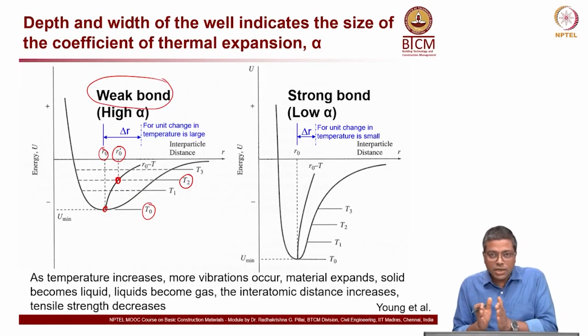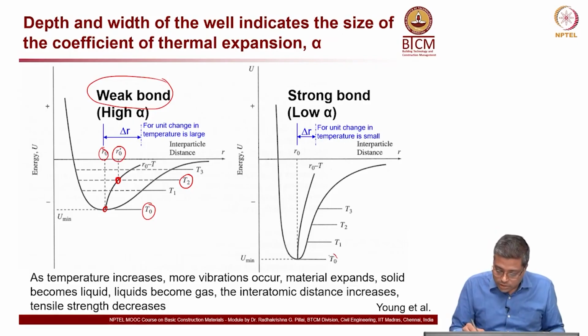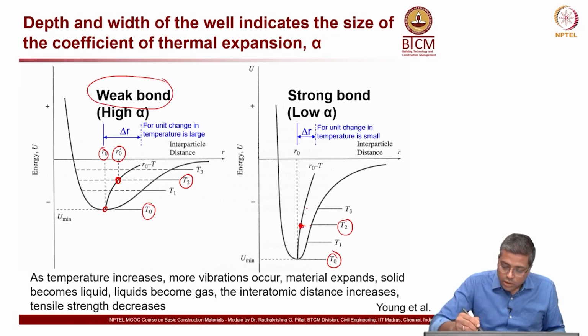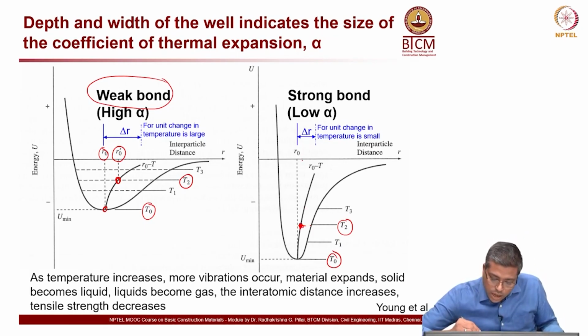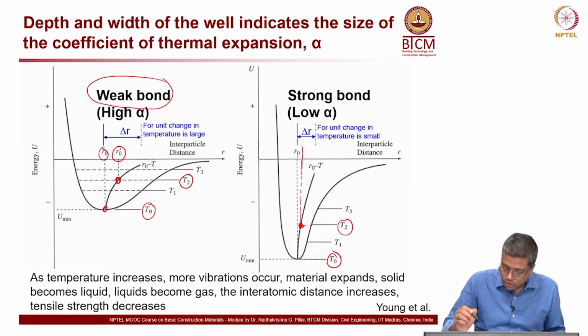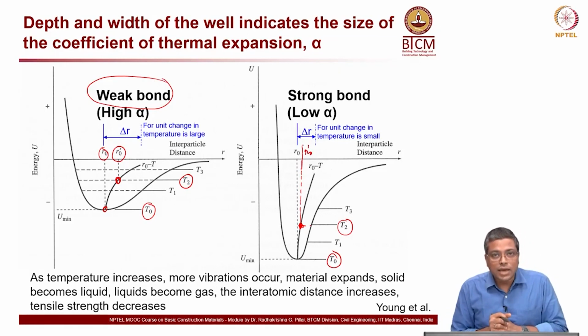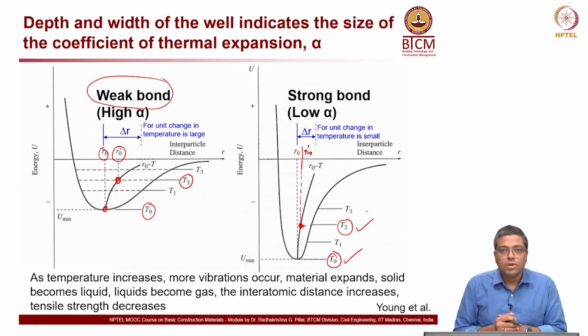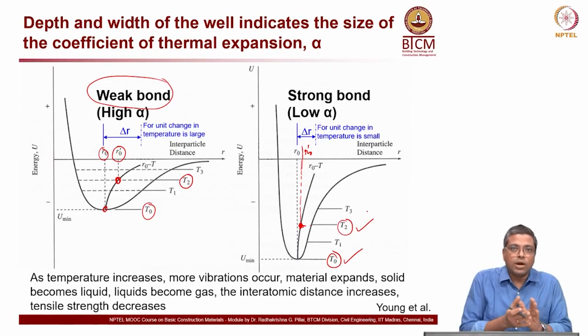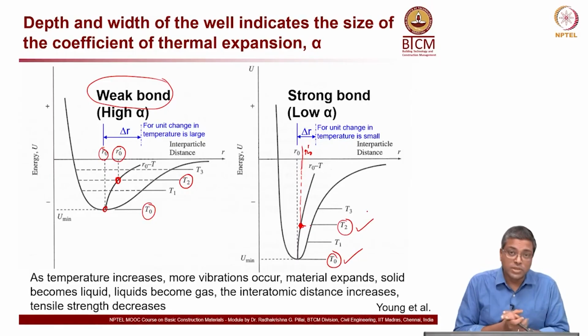Now, look at case 2, if I take T0 and T2 here. If I draw here, R0 prime will be somewhere like this. Now, that delta R in the second case, for the same difference of T0 and T2, is much smaller than in the first case.